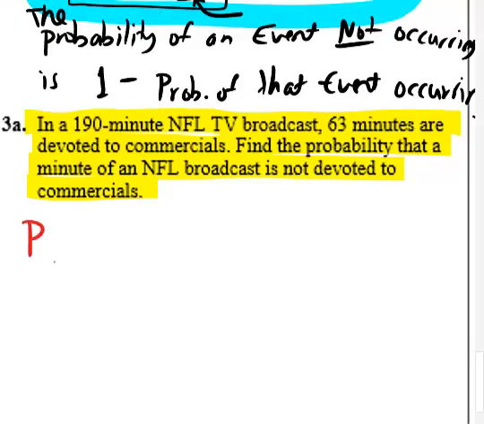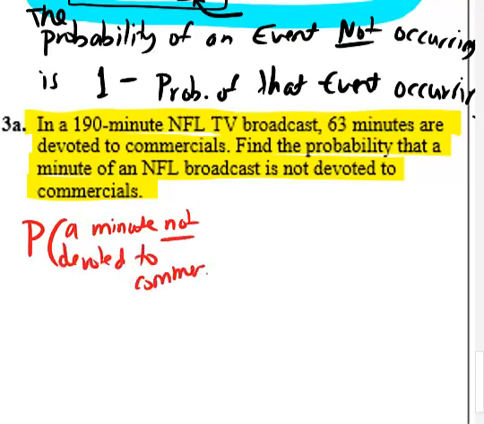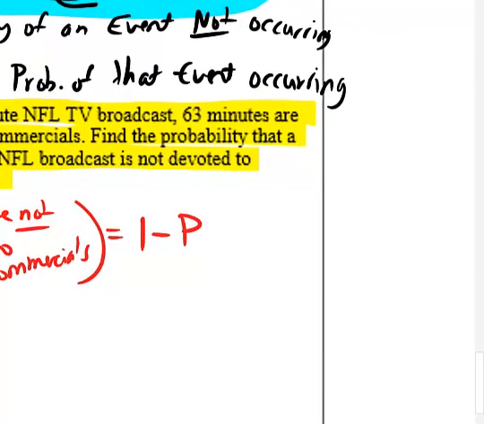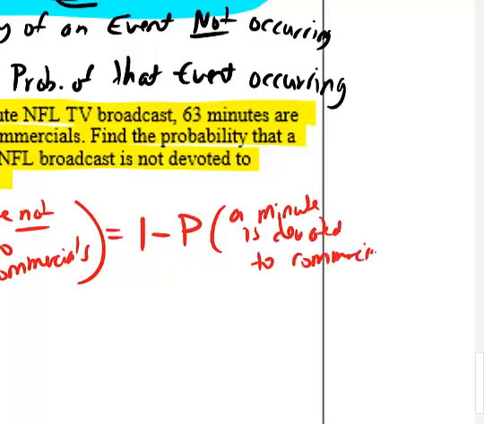So let's see, the probability of a minute not devoted to commercials, according to our formula, is 1 minus the probability of the opposite. A minute is devoted to commercials.